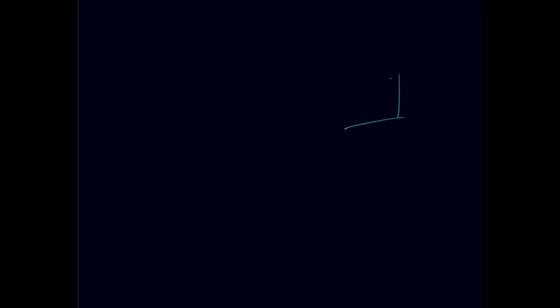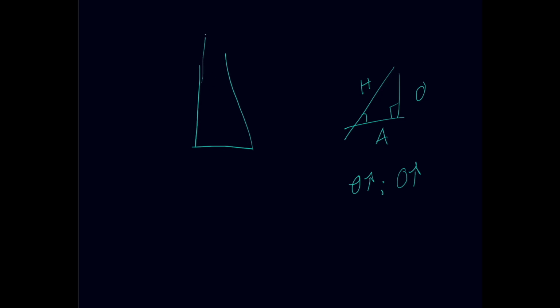So here we have a right angle triangle, and here we have the hypotenuse, the adjacent side, and the opposite side. And if we imagine this angle keeps getting larger, and as a result, the opposite side keeps getting larger, what we end up with at a constant hypotenuse length is that this keeps going up and up, and the meeting point of this keeps going further and further away.